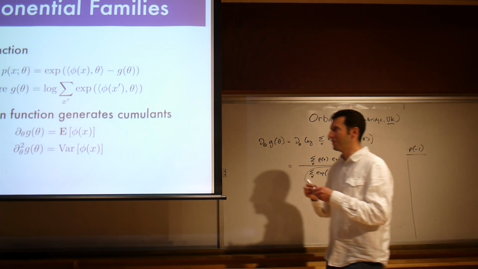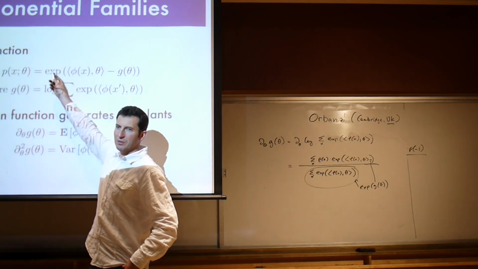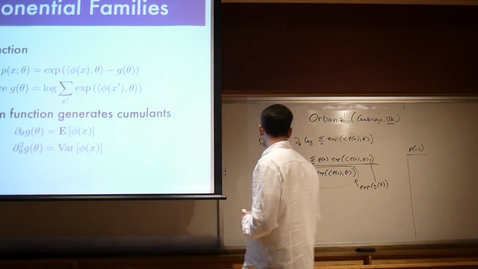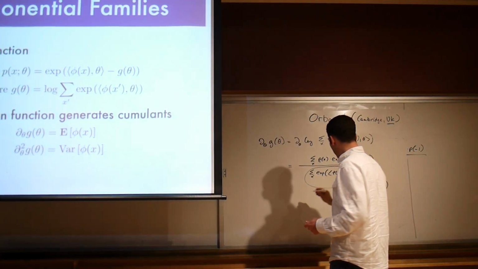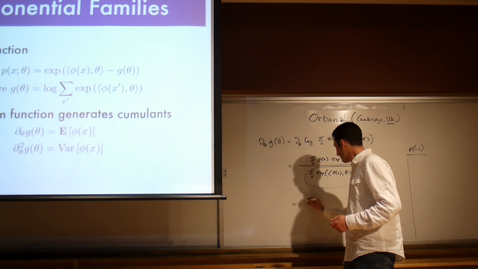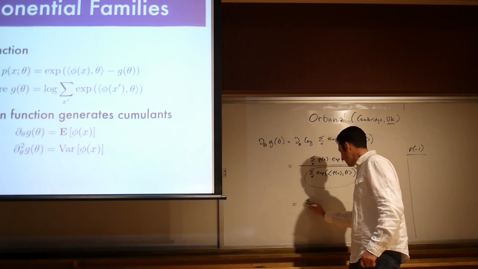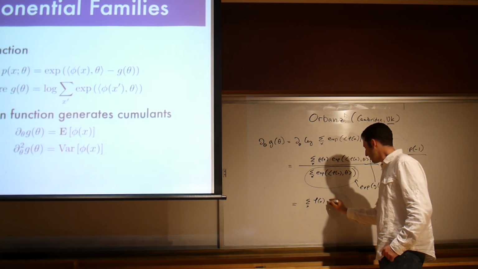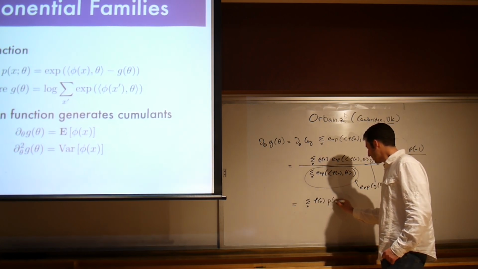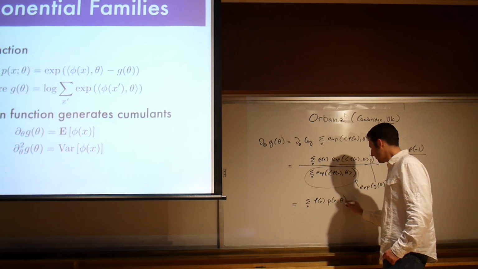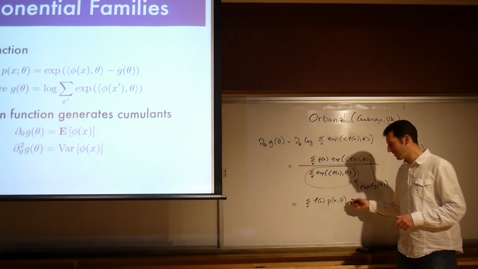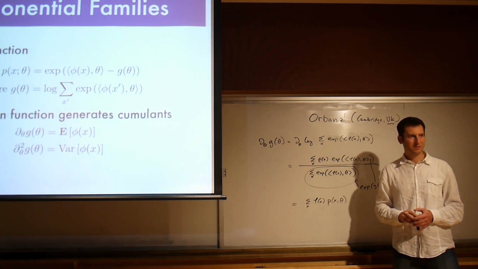But we know that quantity. That's exactly our p of x. So I can write it as the sum over x of phi of x times p of x, parameterized by theta. And everybody recognizes that quantity, that's exactly the expectation.